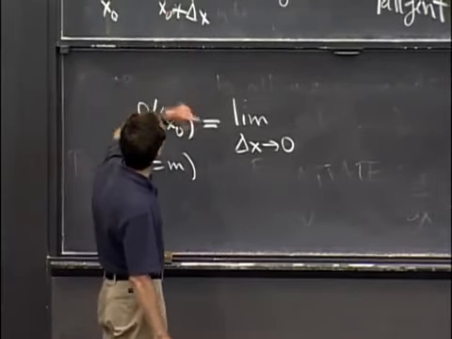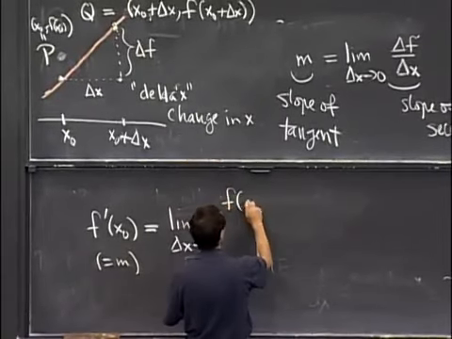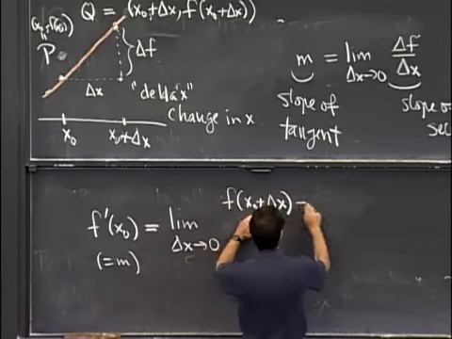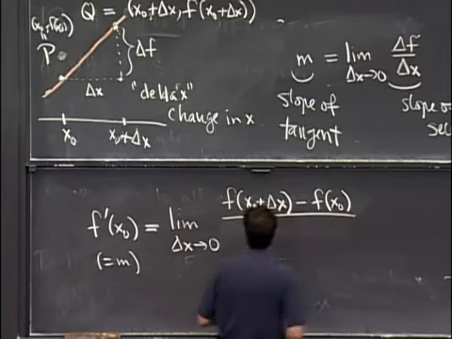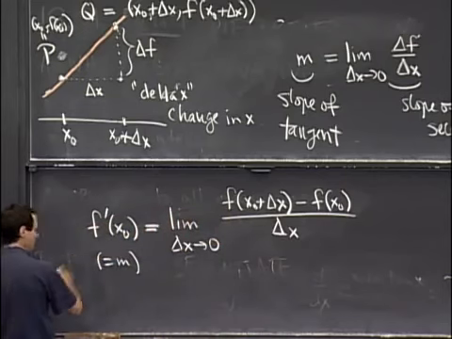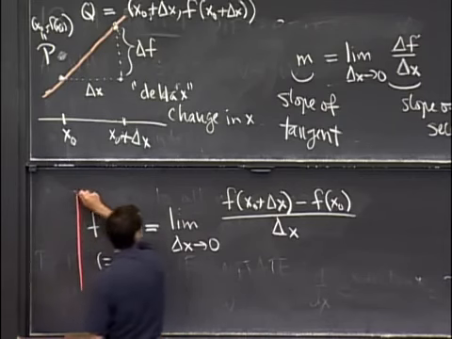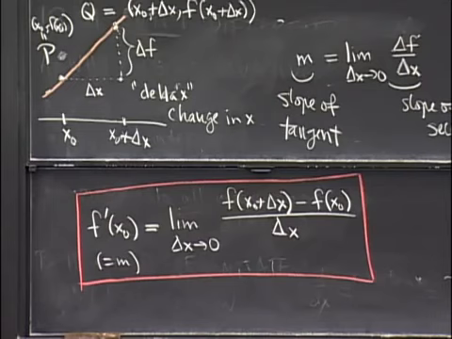Well, the change in f is the value of f at the upper point here, which is x0 plus delta x, minus its value at the lower point, P, which is f of x0, divided by delta x. All right, so this is the formula. I'm going to put this in a little box because this is by far the most important formula today, which we use to derive pretty much everything else. And this is the way that we're going to be able to compute these numbers.